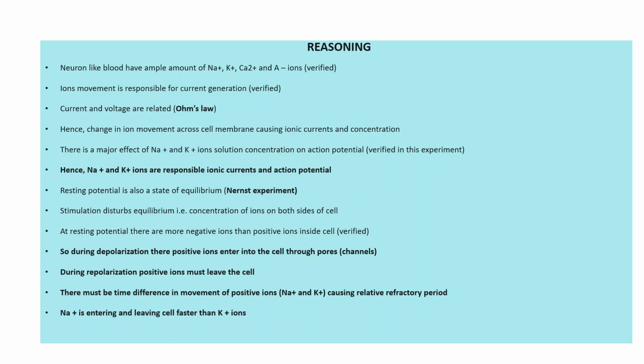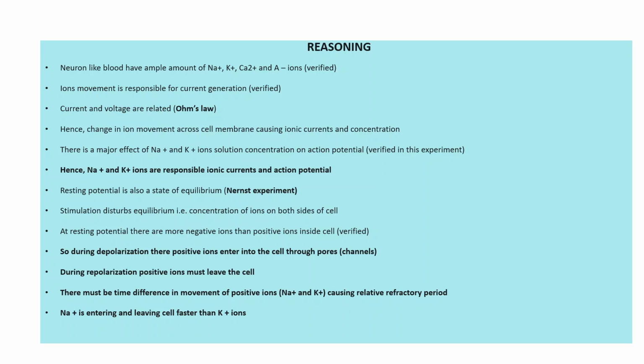And then we found out that resting potential is a state of equilibrium, that we know from Nernst's experiment. And we found out that at resting potential, there are more negative ions inside the neuron than positive ions, that we have verified experimentally.